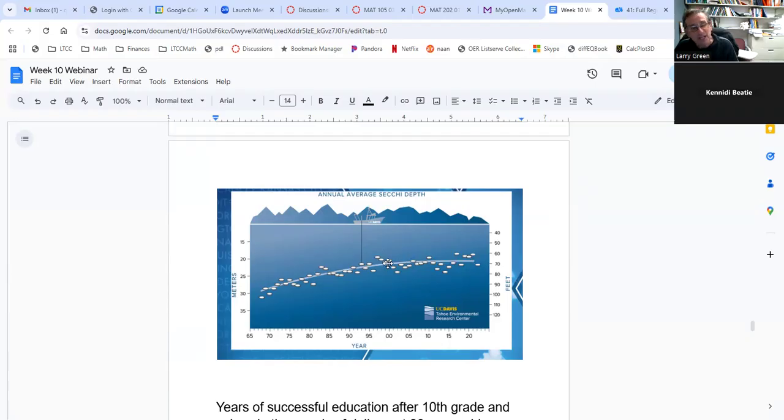It kind of flattened out. Do you see that? Clarity got worse and worse and worse. They passed the bill, and then it flattened out. Does that mean it stayed constant every year? No, it didn't. Do you know why it didn't stay constant every year? Any guess? There's a reason.